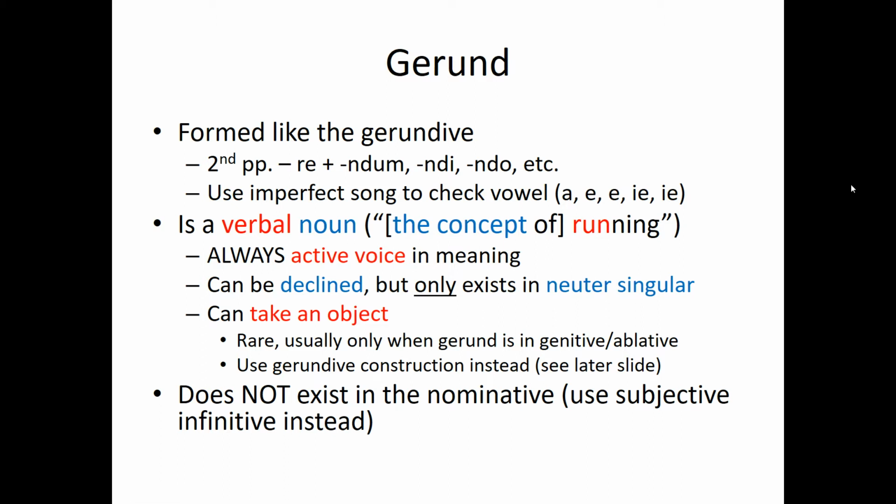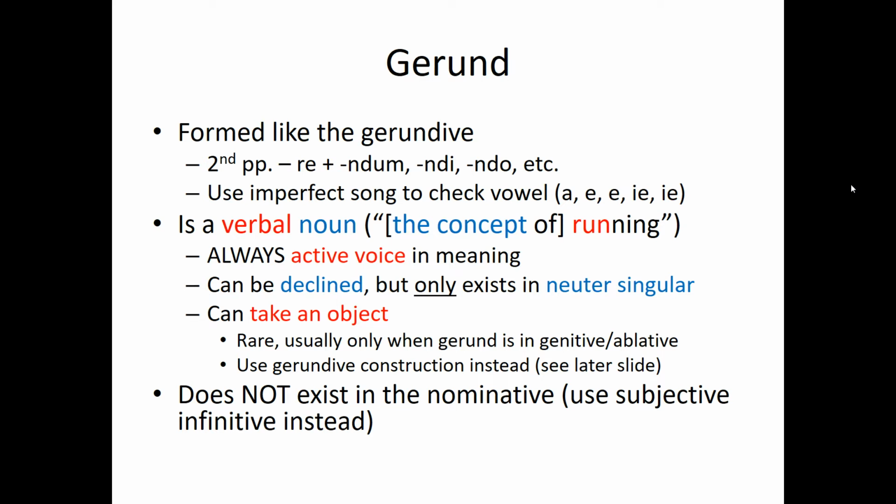They can take objects, although this is usually very, very rare. So you could say like the concept of running a race or running a marathon. Theoretically, that could take an object, but generally we see a different construction used instead. And I have a later slide that explains that. The only other twist with the gerund is that it does not exist in the nominative.